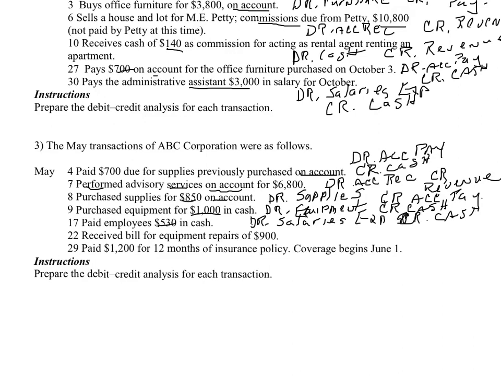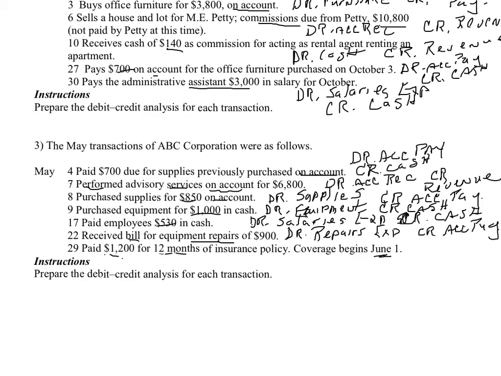I received a bill for equipment repairs. So this was service performed for me. So that's an expense. So my expense is always debited. Debit, repairs, expense. Now, with every expense, I either pay it or I've been billed. In this case, I've been billed. So the credit is I owe the person, so it's a credit to accounts payable. And lastly, paid $1,200 for 12 months of insurance policy, but begins June 1st.